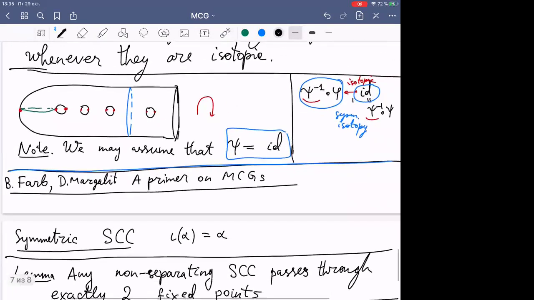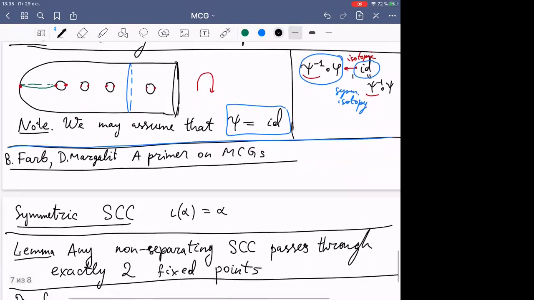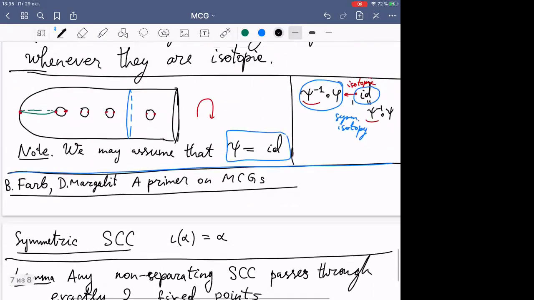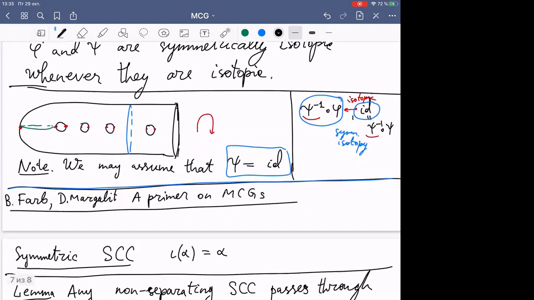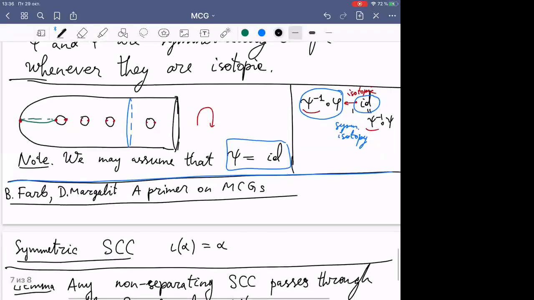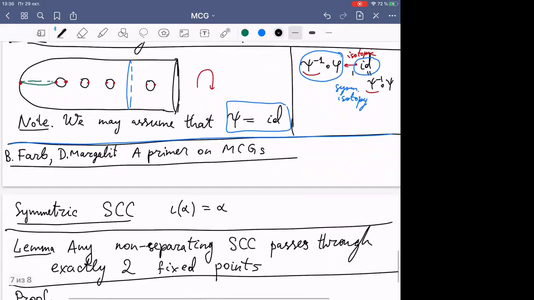First of all, any non-separating symmetric closed curve passes through two fixed points. In the lemma, do we need that the curve is symmetric?